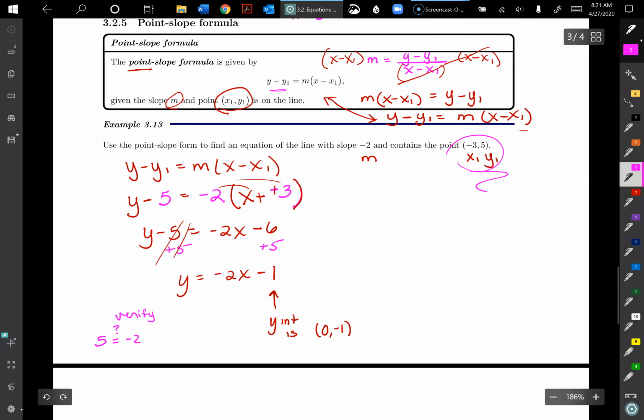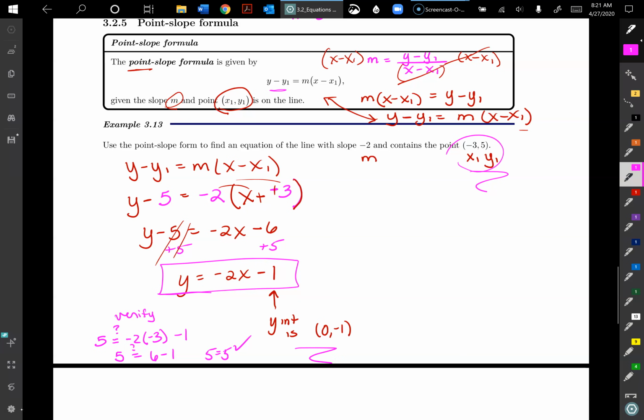So negative 2 times the negative 3, and then negative 1. So I would get 5 equals 6 minus 1. And yes, 5 equals 5. We're good there. Nice. Okay, so that's our answer. I'm just pointing out what the y-intercept is because a lot of times you'll be asked to find that or to state that once you get this far.